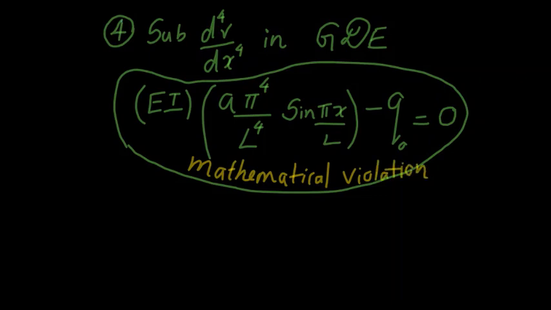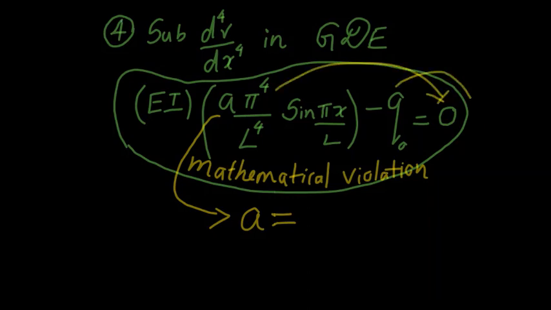That mathematical violation is, if you turn the crank of mathematics and try to find the value of a, you have to throw every term on the right hand side. Take this q₀ on the right hand side, take this sin(πx/L) on the right hand side, take this EI onto the right hand side.